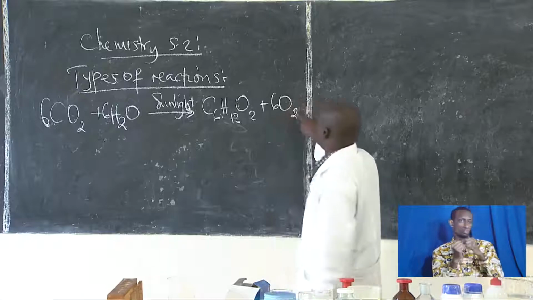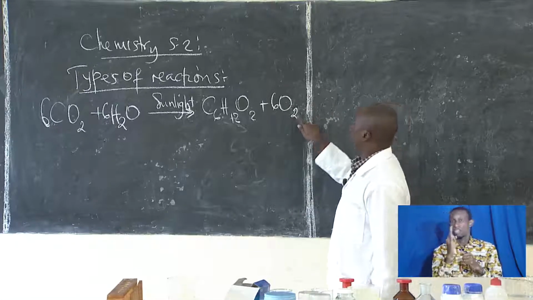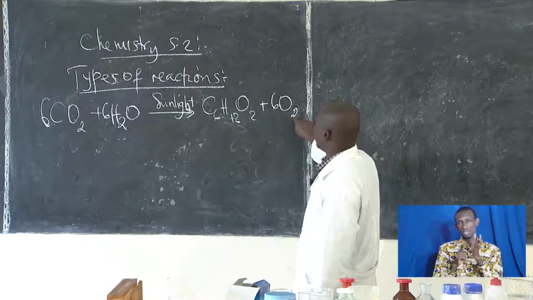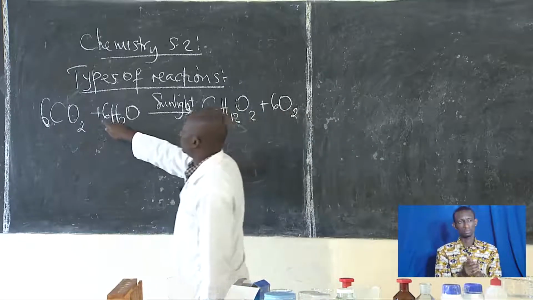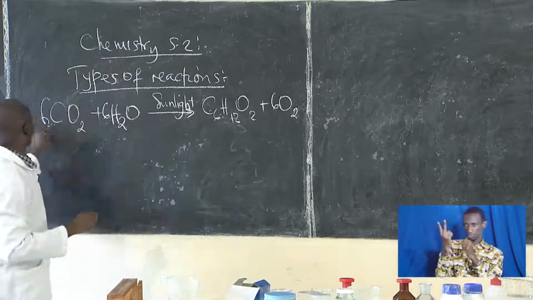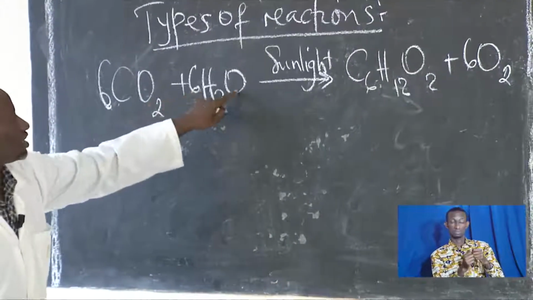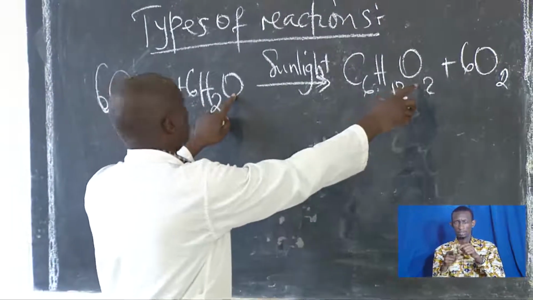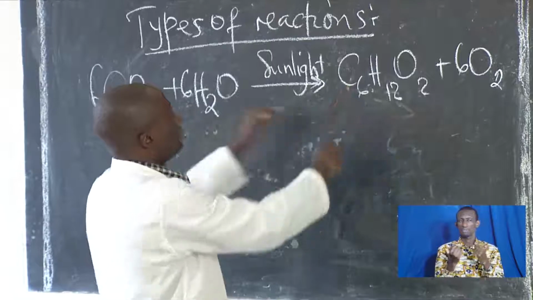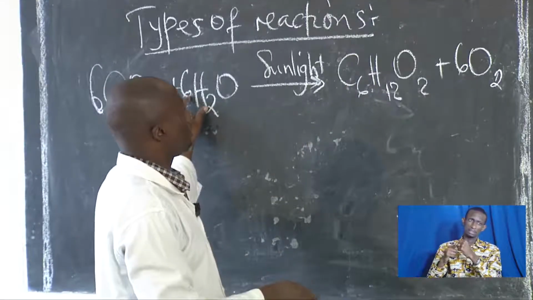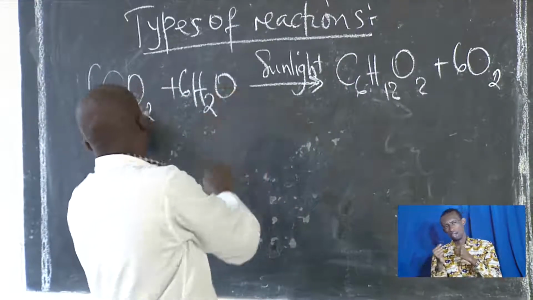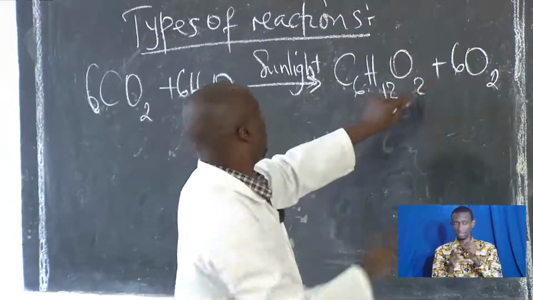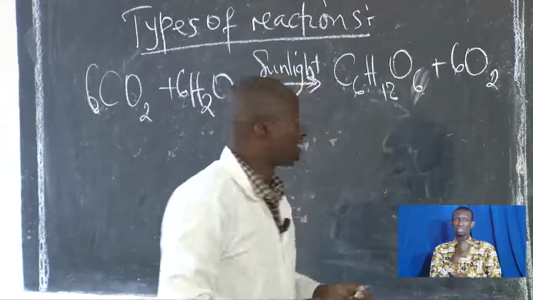So if we make these 6 molecules, then 12 plus 6 is 18. So you have 6 carbon atoms, you have 12 hydrogen atoms, you have 12 and 6, that is 18. Sorry, this must be 6.